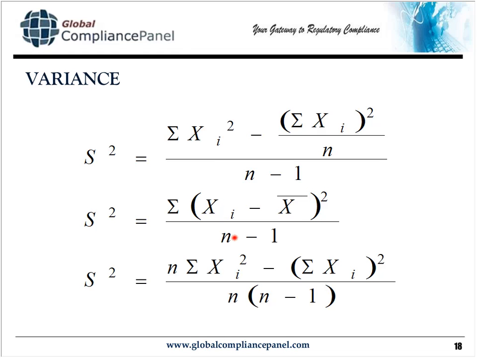I will warn you that if you're using Excel to do your calculations, many people have had problems with Excel because Excel has 2 standard deviation functions in it. In one of the standard deviation functions, you divide by n minus 1, and in the other one, you divide by n itself.